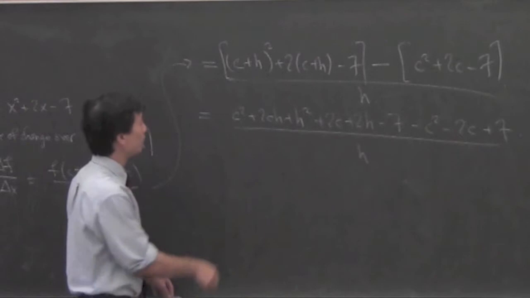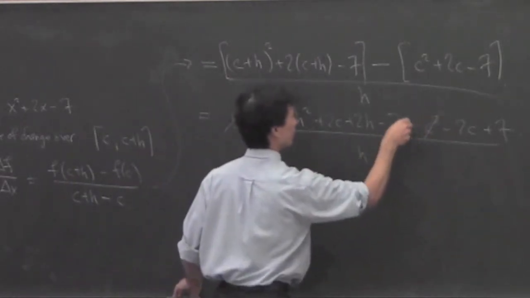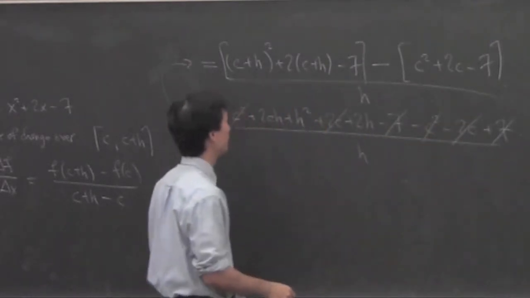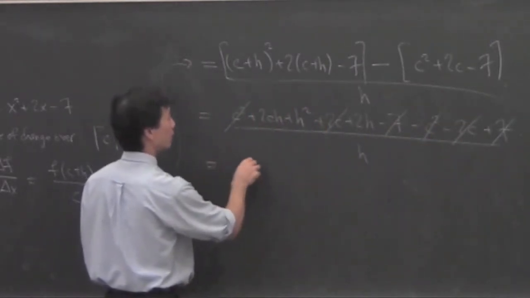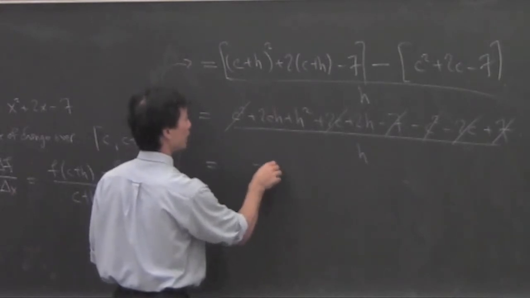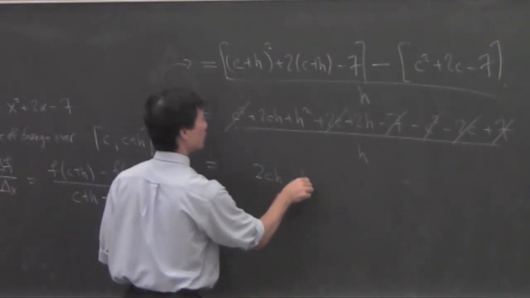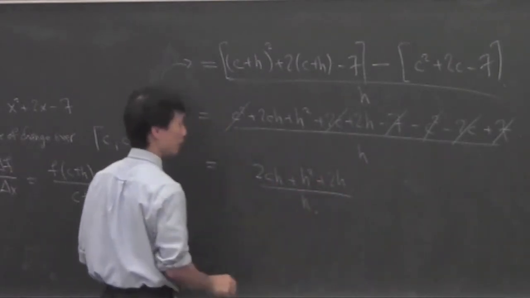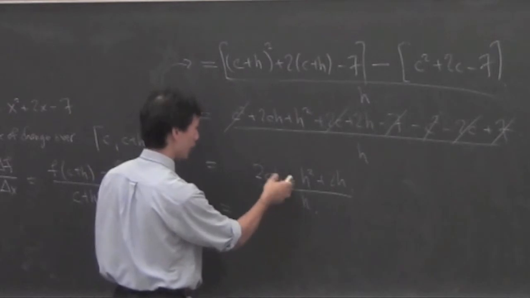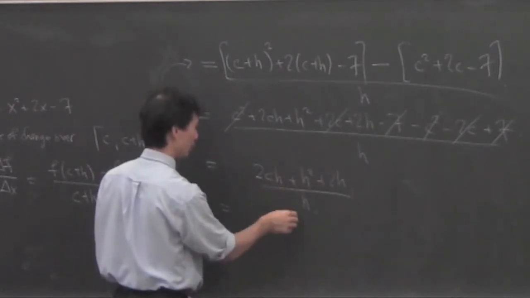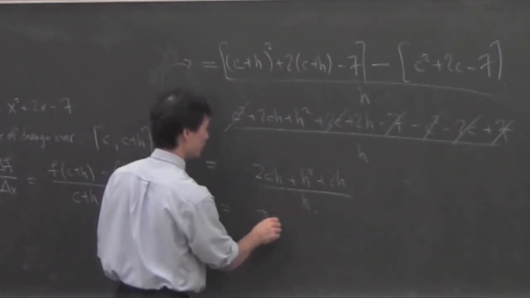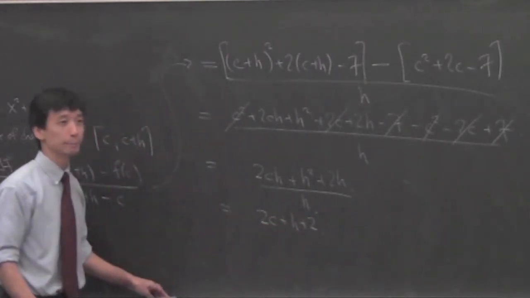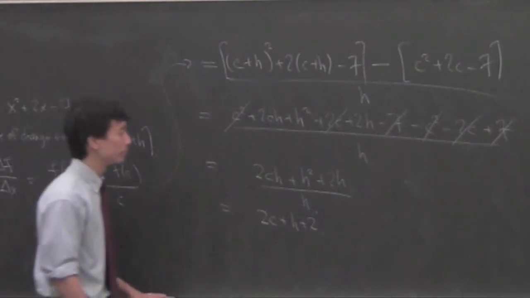The C squareds cancel off, the 7s cancel off, the 2Cs cancel off, and you're left with 2CH plus H squared plus 2H over H. You notice you can factor out an H out of the top and cancel out the bottom, so you get 2C plus H plus 2.